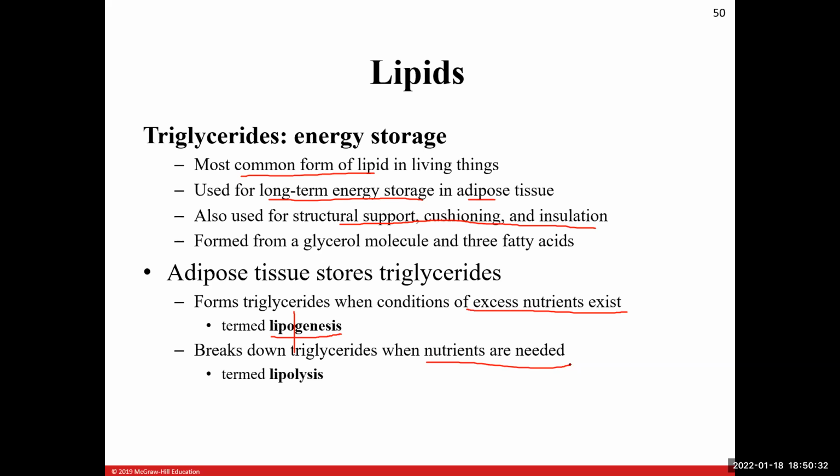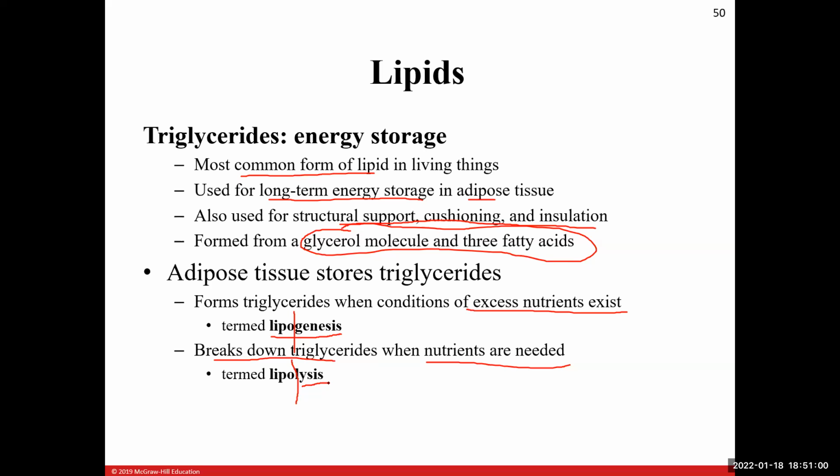So that process, when we break down those triglycerides into our glycerol molecule and fatty acids, is called lipolysis. Point being is, dissect the word. Lysis means to break down. And then we already know what lipo is. We're going to break down the fats.